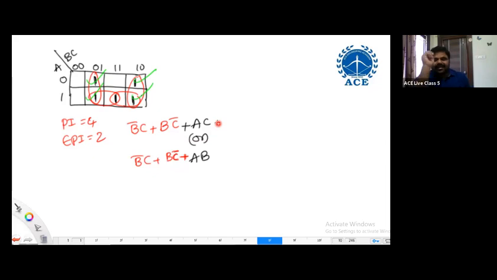Listen, I'll make a statement and I'll make a note also for your reference. What is the reason here? There are minterms which are not covered by essentials. Essentials are compulsory; with essentials, there won't be any problem. But there are minterms not covered by essentials. To cover these minterms, we are observing multiple ways with minimum complexity.